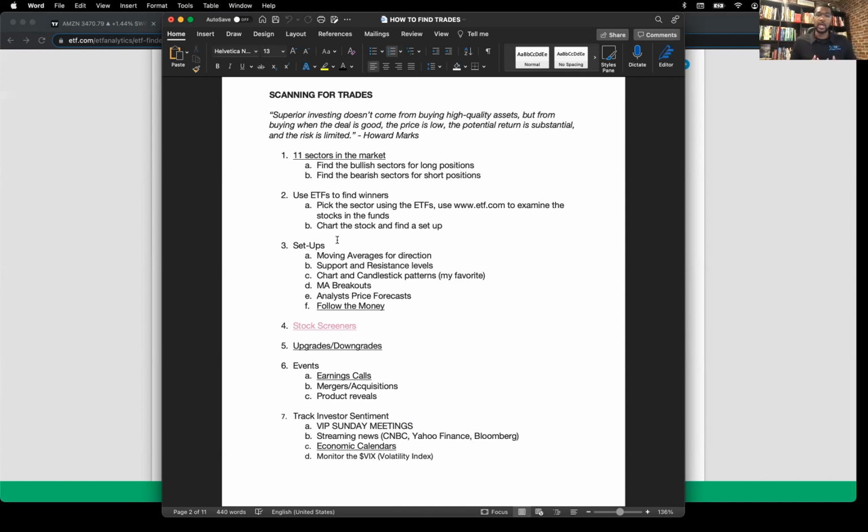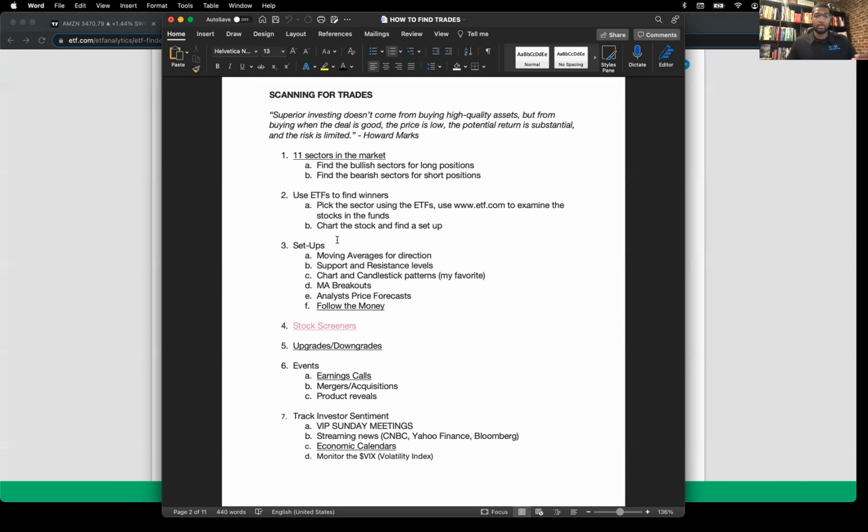So if I'm telling you that I only trade setups, basically what that means is I'm minimizing my loss and minimizing my risk by only trading setups that are going to give me the same outcome every single time. So if I'm a bullish trend trader, I'm looking for bullish setups. I'm looking for bullish candlestick patterns or bullish candlestick reversal patterns.